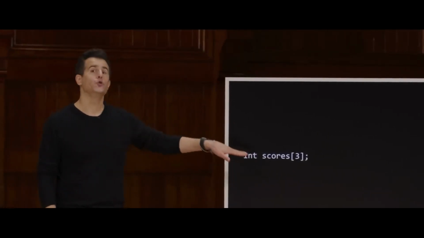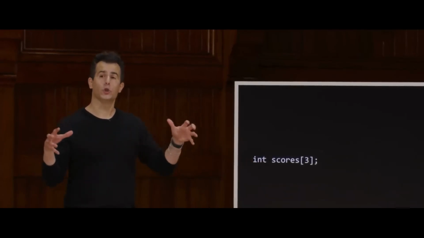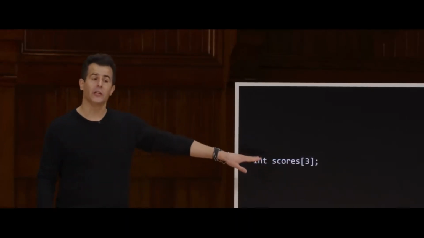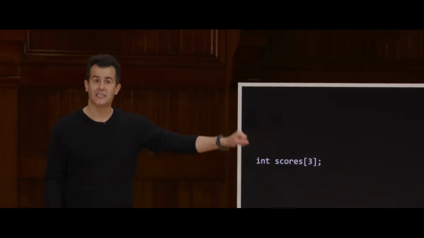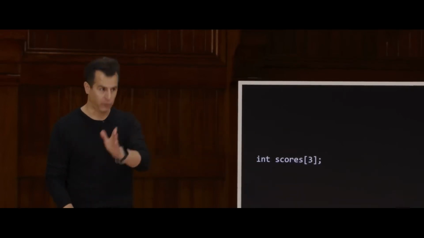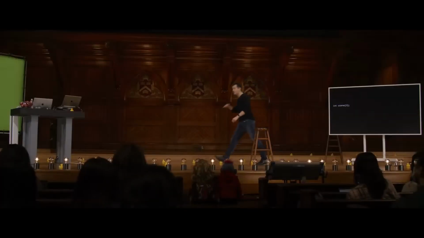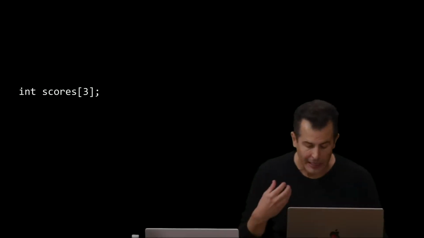That is to say, this is how you declare an array in C that will have enough room to store 3 integers. Put another way, this is the technical way of telling the computer, please give me 12 bytes in total. 3 times 4 each for an int, so give me 12 bytes in total. And what the computer will do is guarantee that they're back to back to back in the computer's memory. And that'll be useful in just a moment.